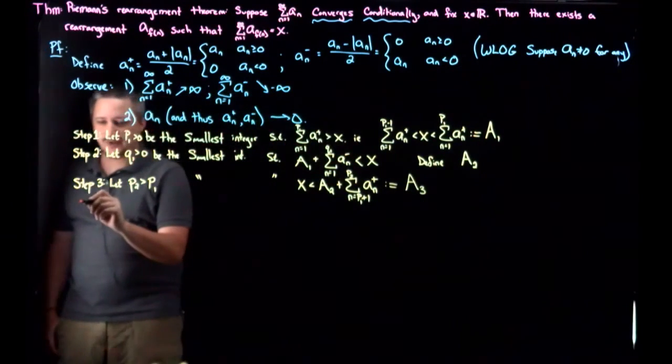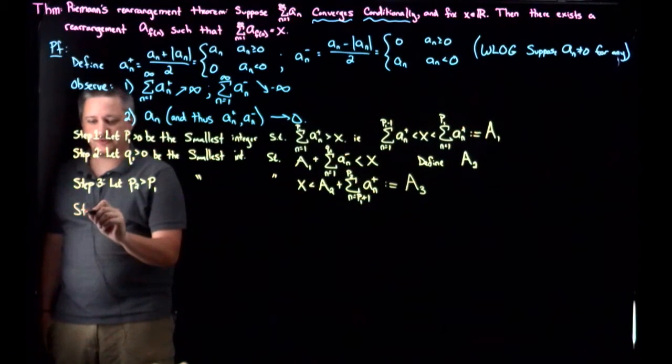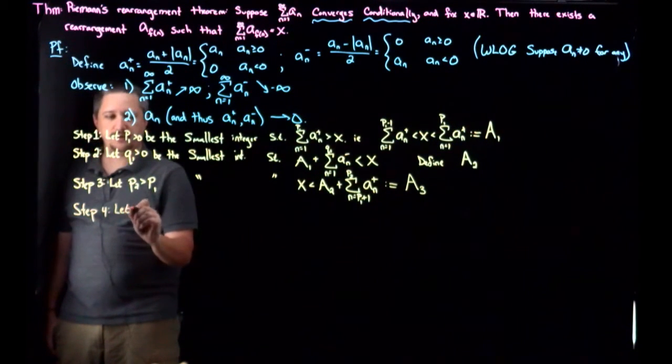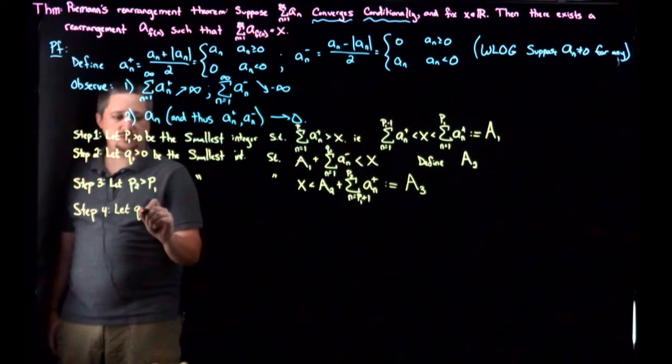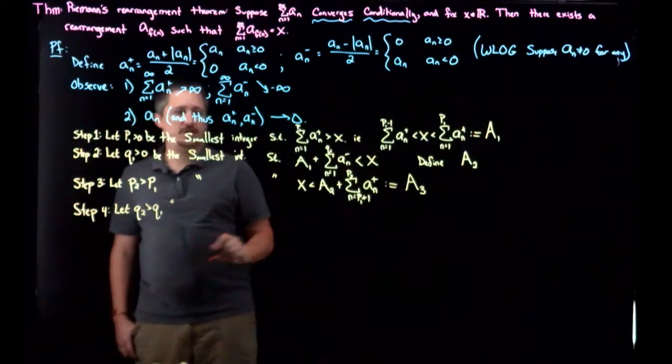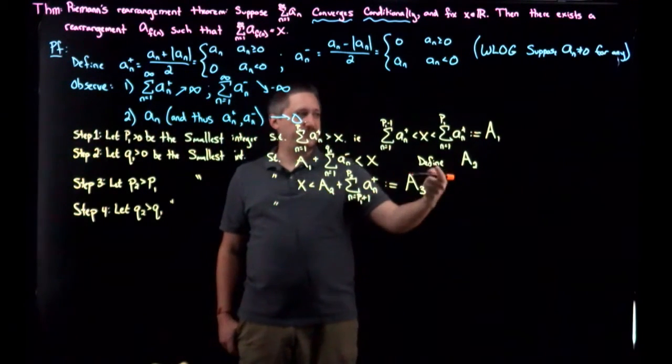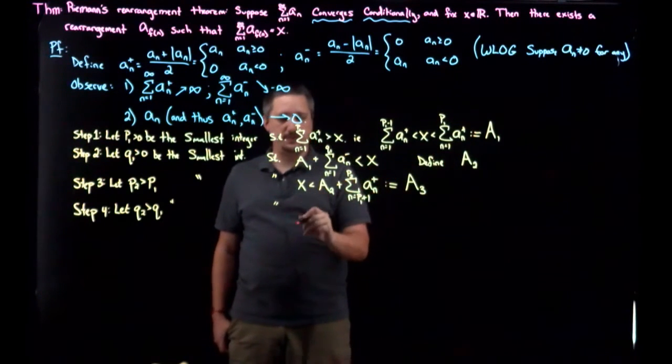And the last step to show this recursive relationship, step 4, I'm going to let Q2, again, strictly bigger than Q1, be the smallest integer such that. And now I'm going to, again, do the same idea here where I'm going to have x be bigger than the result.